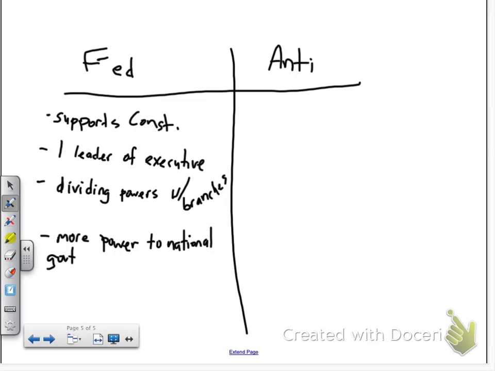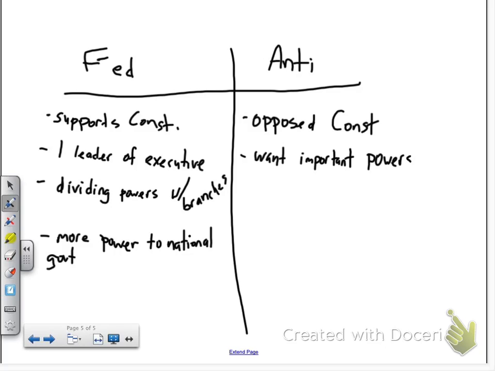The Anti-Federalists, obviously, what did they believe? Who were they? Keegan? People opposed the Constitution. Yes. They opposed the Constitution, and why did they oppose the Constitution, Dev? They wanted the important powers with the states, not with the national government.